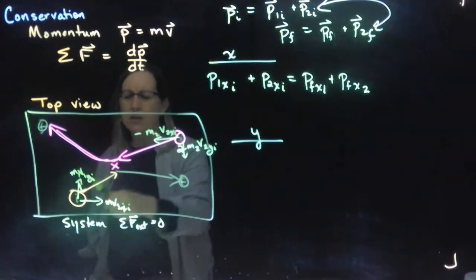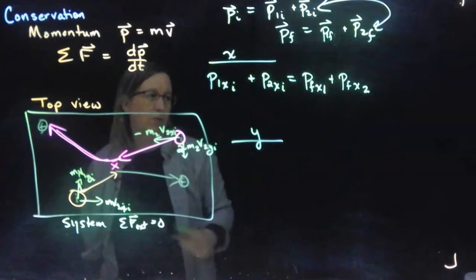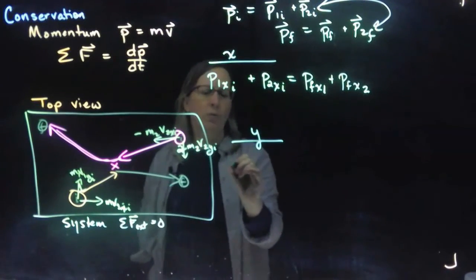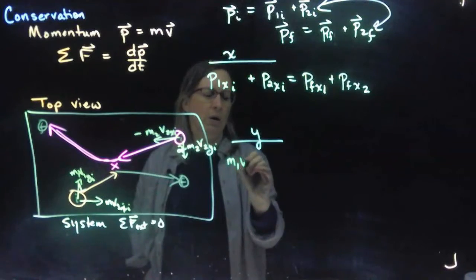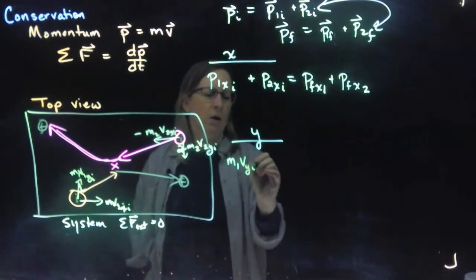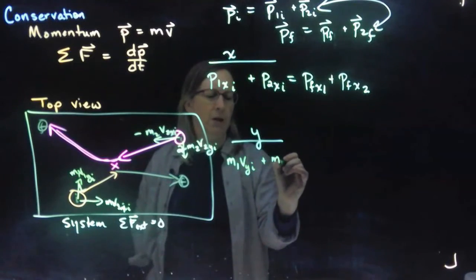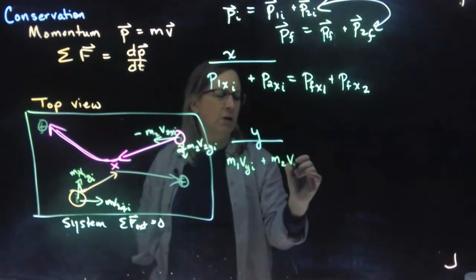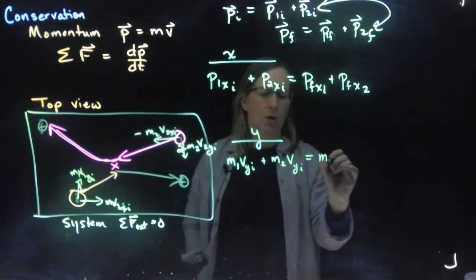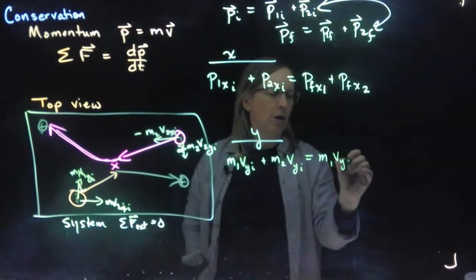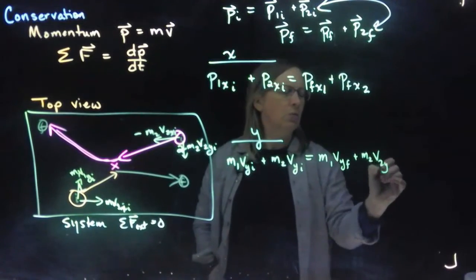Then if I add these two together, that has to equal the sums of the components of the final situation. Formally, this is just going to look like this other equation. I'll write it out. m1 v1y initial plus m2 v2y initial equals m1 v1y final plus m2 v2y final.